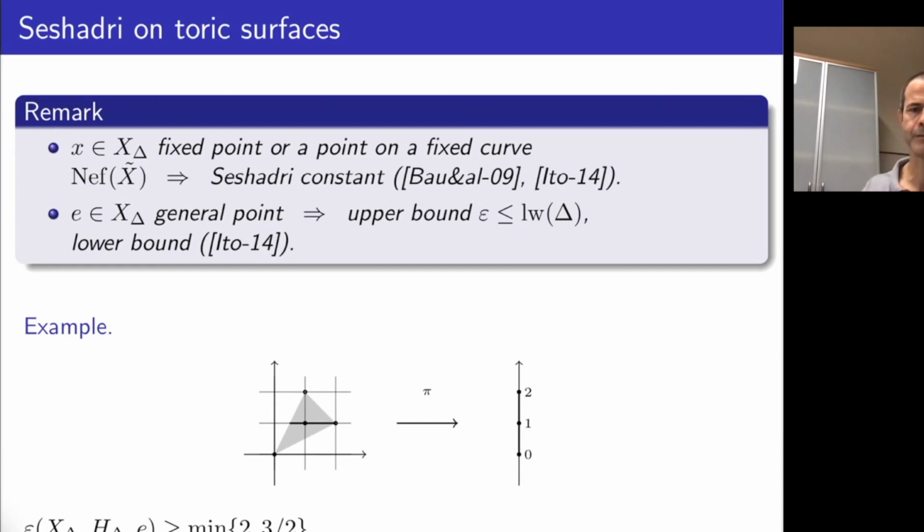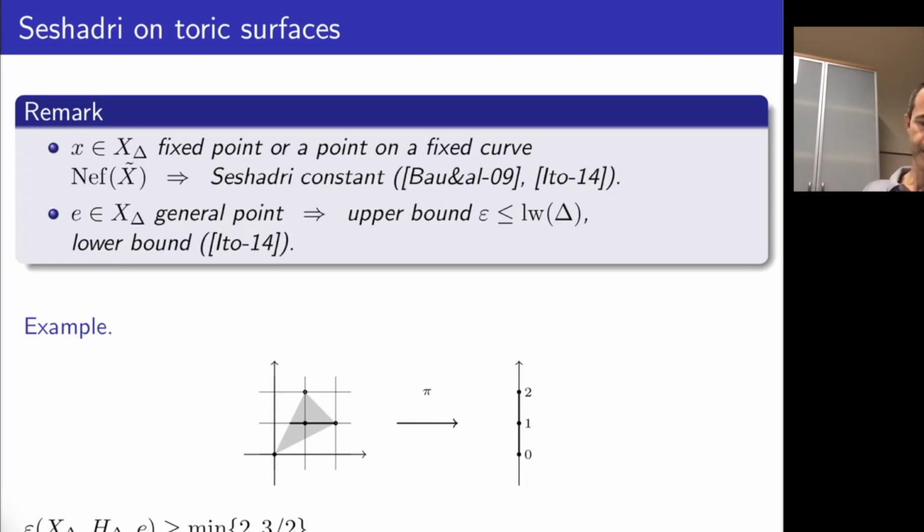We can compute the Nef cone and then the Seshadri constant. In the second case, the point is not fixed, but it lies on a curve which is fixed by the action of the torus. In this case, when we blow up the point, the surface is not toric anymore, but again, it is possible to describe the Nef cone, and so to compute the Seshadri constant.